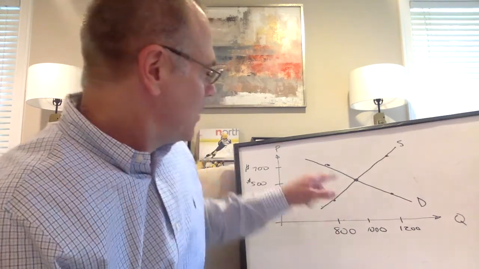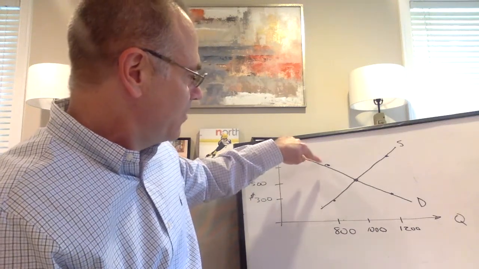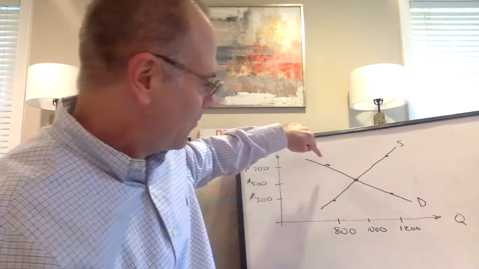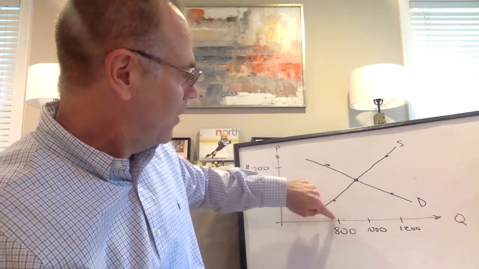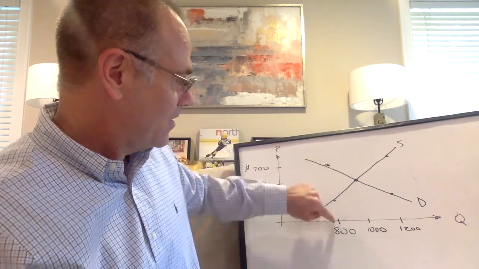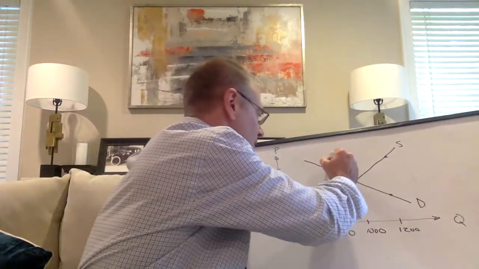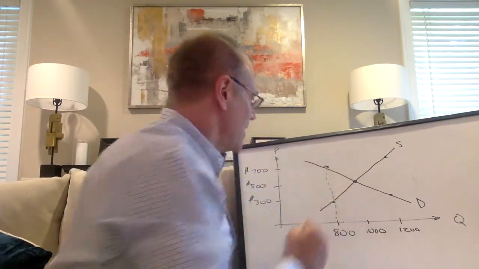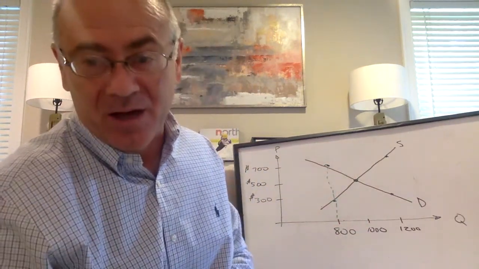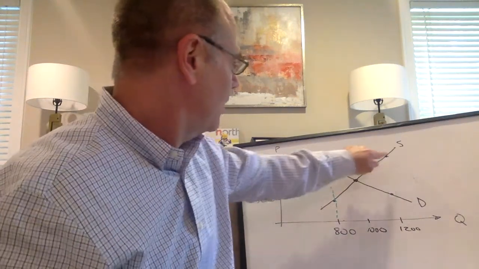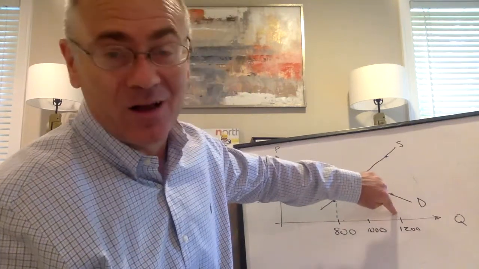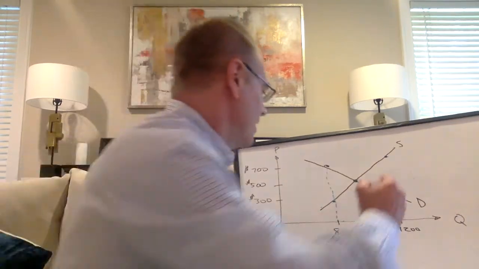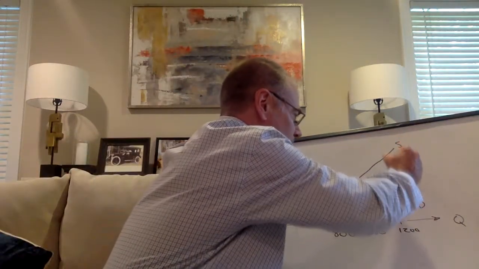Well, if the price were $700, we can look on the demand curve and see 800 people would want to buy guitars at that price. Meanwhile, sellers will be willing to sell 1,200 guitars at that price.